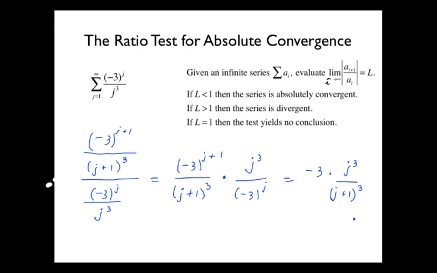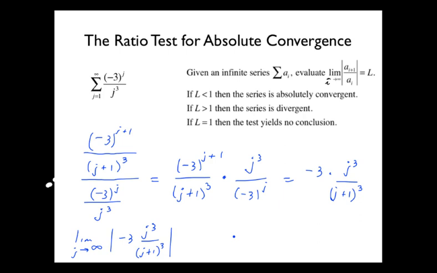And we think back to our, so we've got this sequence, this formula for the sequence. And now what are we doing? We're looking at the limit as j gets big of the absolute value of negative 3 times j cubed over j plus 1 cubed.